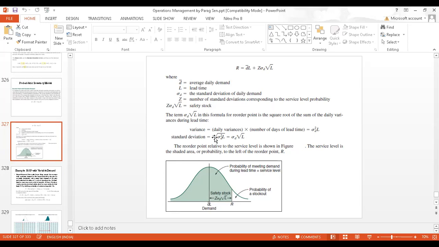So for the entire duration of the lead time, the variance is the daily variance, which is sigma d square into L. Why is it written like that? The reason is very simple. If for one day the variance is 25 items, what does it mean? Suppose on average you sell 100 items.